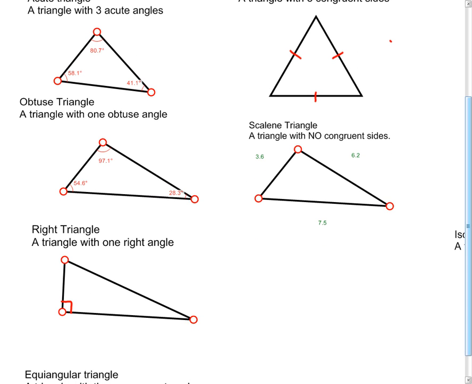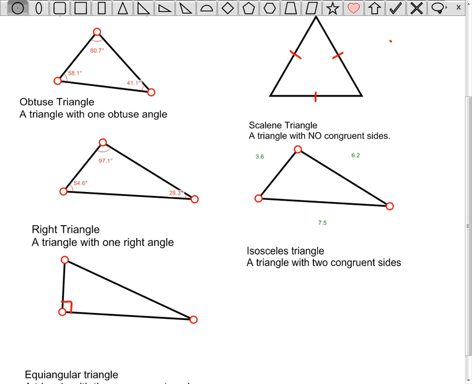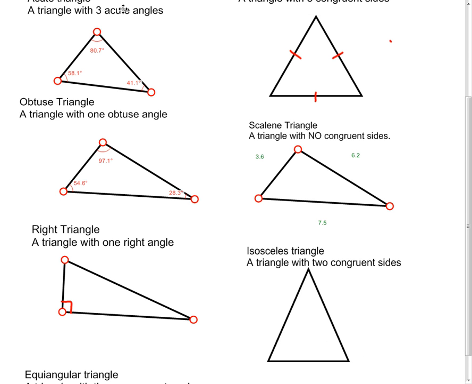The last classification by sides is called isosceles, a triangle with at least 2 congruent sides. I think I also have a drawing tool up here that makes nice isosceles triangles. These can be long, tall and skinny, or short and flat, but they have 2 congruent sides.